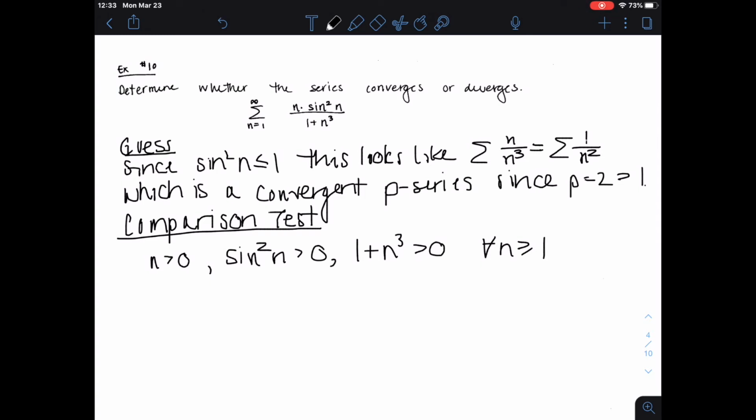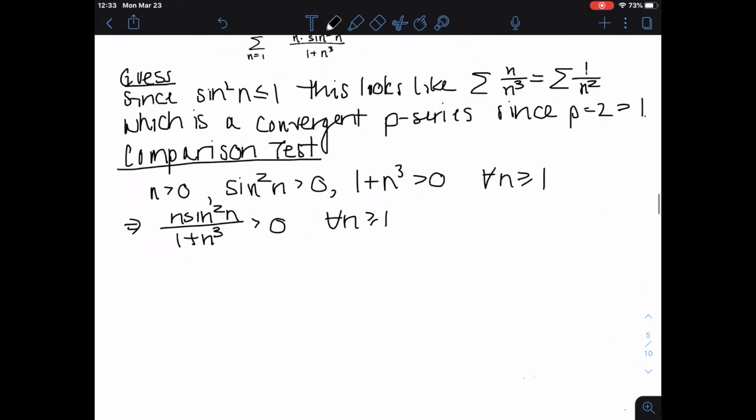So you've got a bunch of positive terms when you take their division and multiplication. n sine squared of n over 1 plus n cubed is definitely greater than 0 for all n greater than or equal to 1. And then in terms of the one we're comparing it to, that's definitely positive for all n greater than or equal to 1.